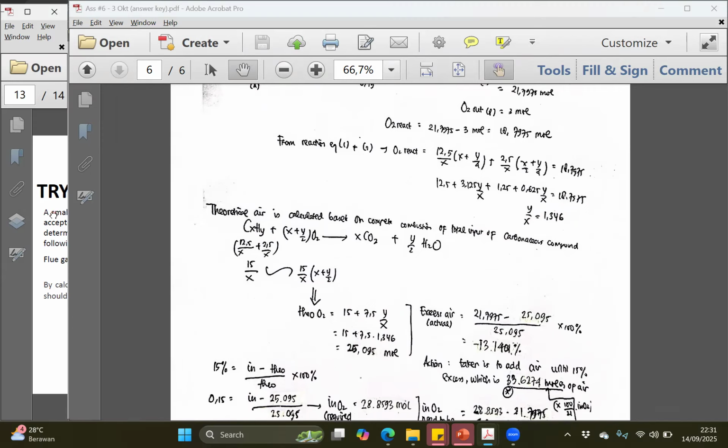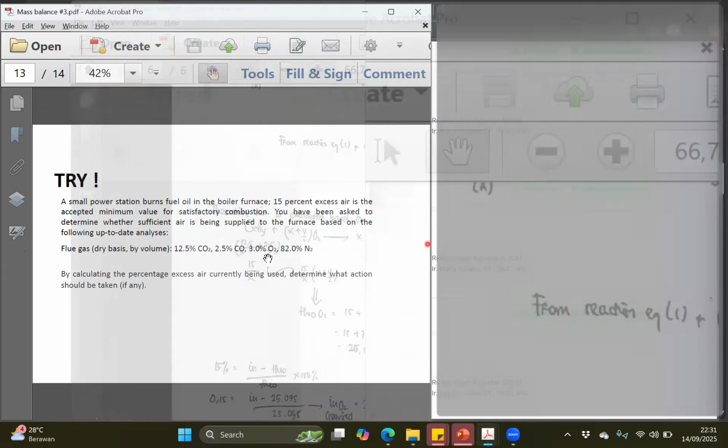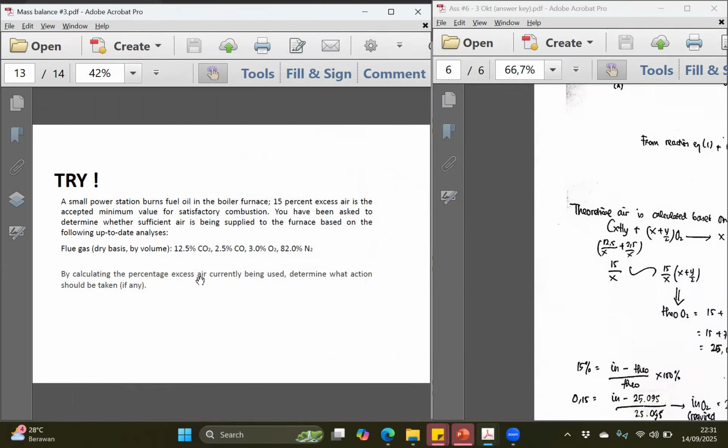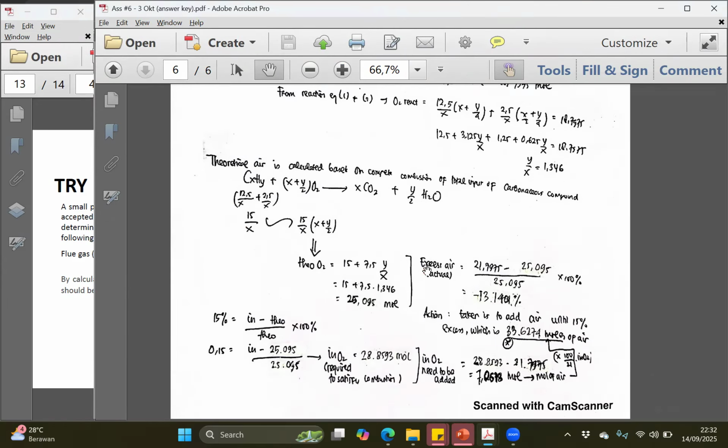Back to the question. By calculating the percentage excess air currently being used, we are asked to determine what kind of action we should take. So I have to calculate the excess air.